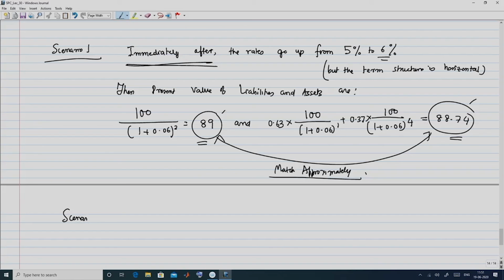Then you would consider scenario 2. Here we saw that there was an increase in the interest rate. So let us consider a scenario 2 where there is a decrease in the interest rate.